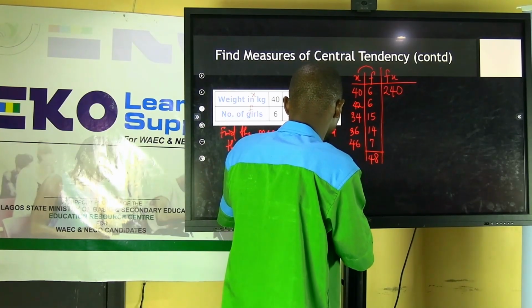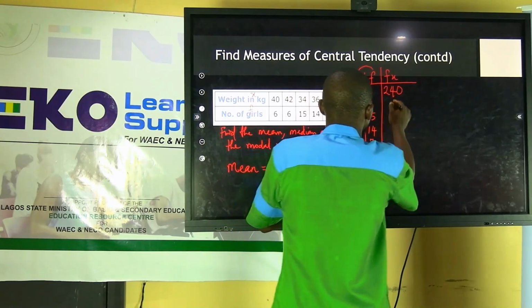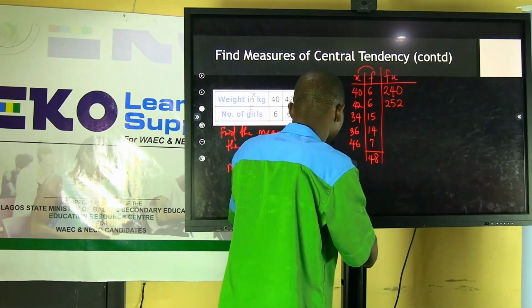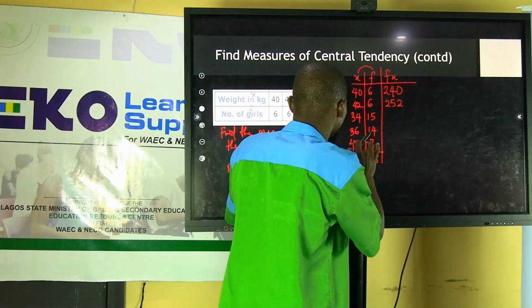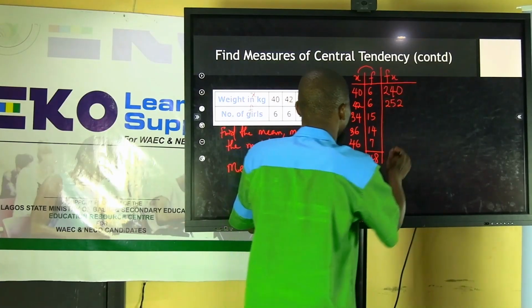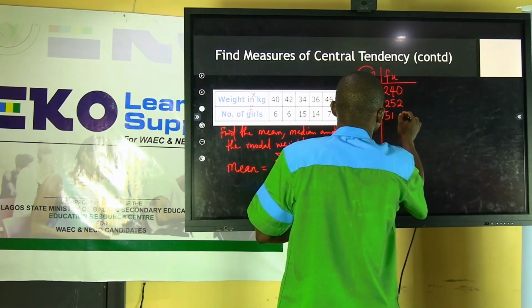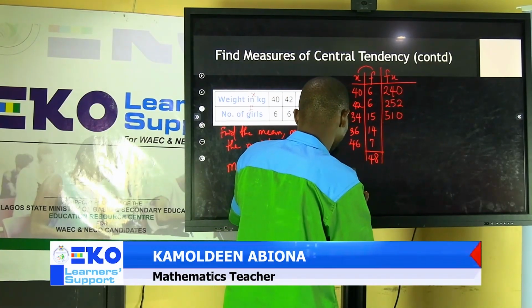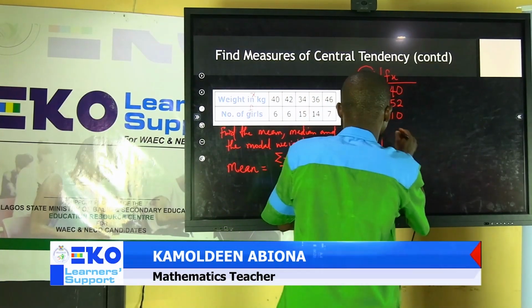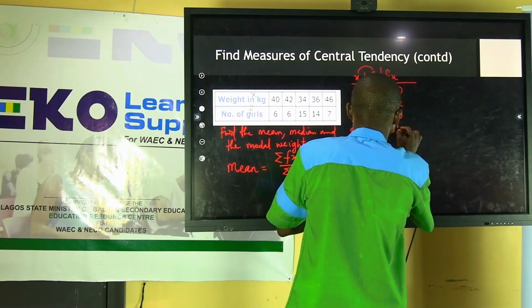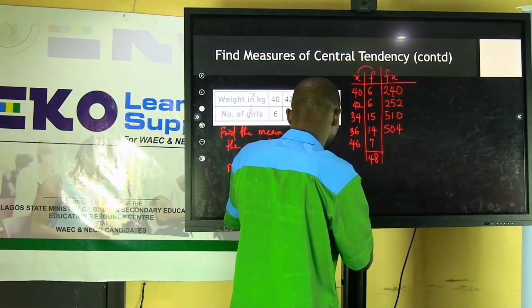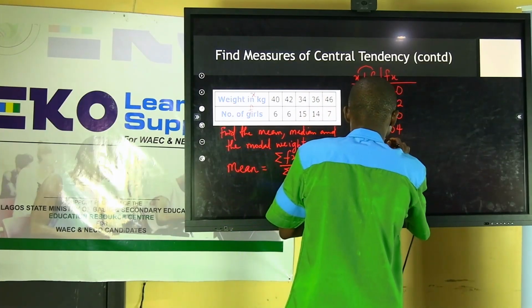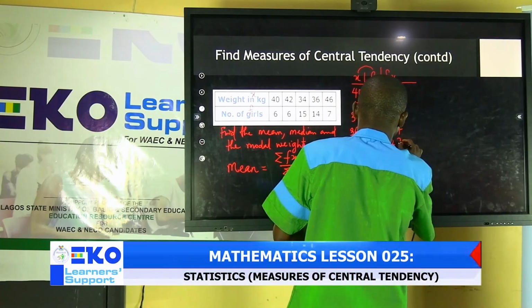This is 42 times 6, that gives us 252. 34 by 15, that gives us 510. And 36 by 14, we get 504. And 46 by 7, we get 322.